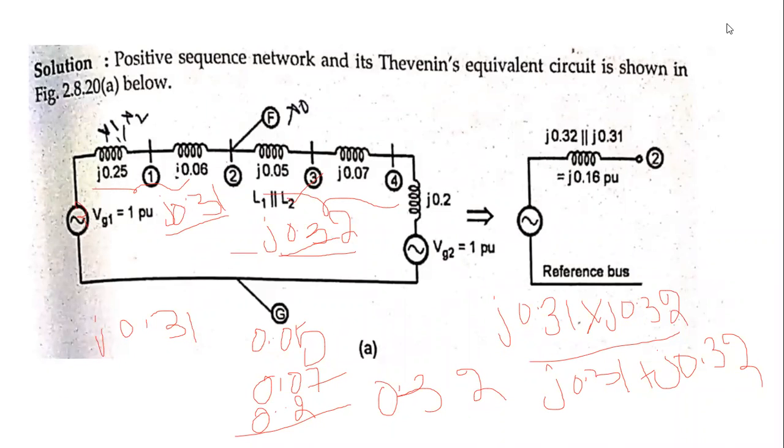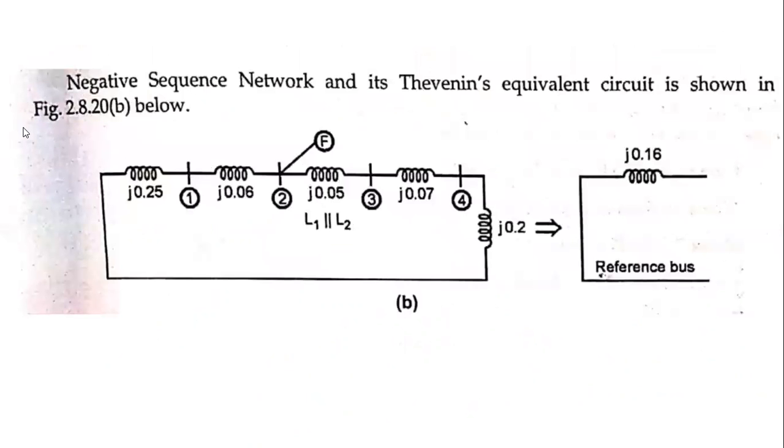Understand? Next, we will draw the negative sequence reactance diagram. What is the negative sequence network? There is no voltage source for the negative sequence. The generator is also represented only by its reactance in the negative sequence, that is J0.25.